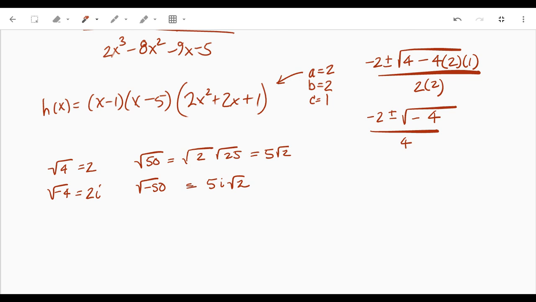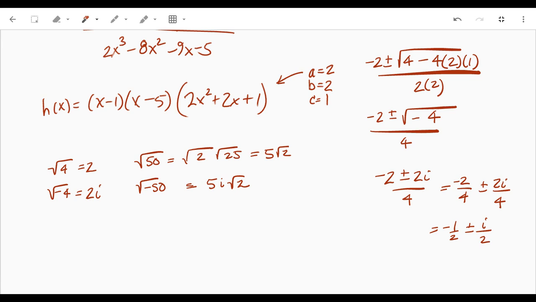Okay, so we're going to have negative 2 plus or minus 2i over 4. Okay, and then like I said before, they have you split that up. So negative 2 over 4 plus or minus 2i over 4. And they want you to reduce that. So negative 1/2 plus or minus i over 2. Okay, so now we have all of our zeros.